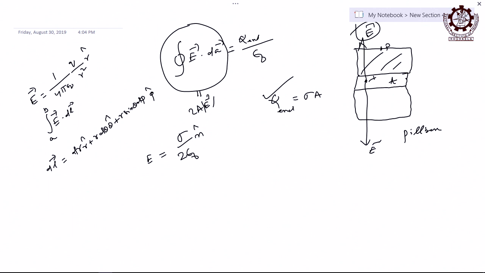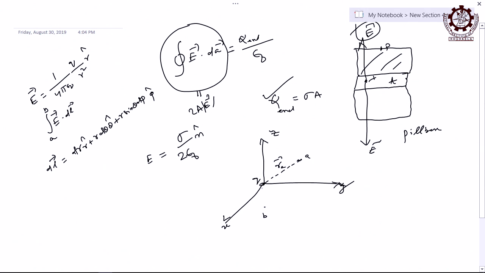Now you integrate it from A to B. Let me describe the diagram: let the charge q be at the origin, with x, y, z directions as axes. Take a point A connected by the radius vector r a, and another point B connected by the radius vector r b.